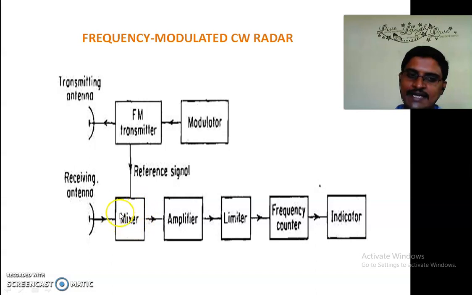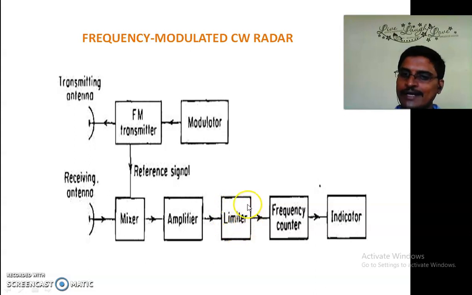So this mixer produces the difference frequency between the reference signal and the frequency of the echo signal. So here the beat frequency, the IF frequency, is amplified in this amplifier and is given to the limiter.